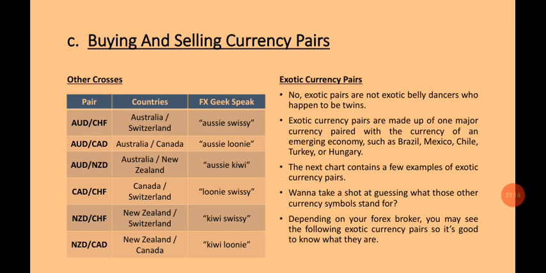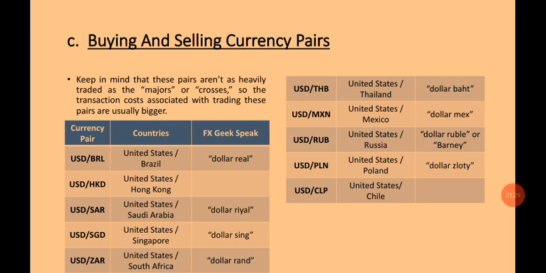Depending on your forex broker, you may see the following exotic currency pairs, so it's good to know what they are. Keep in mind that these pairs aren't as heavily traded as the majors or crosses, so the transaction costs associated with trading these pairs are usually higher.